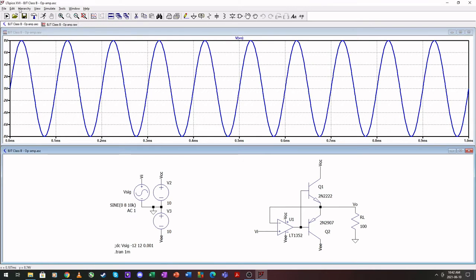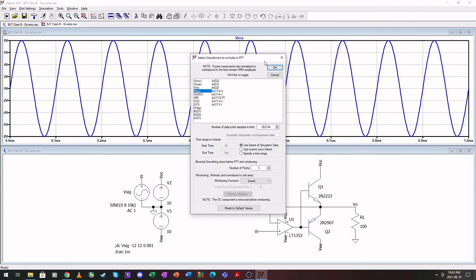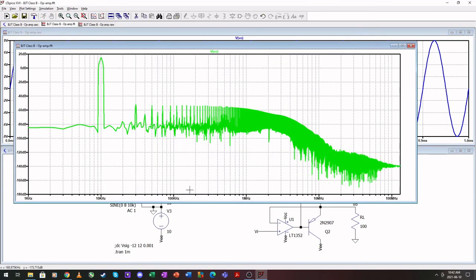So if we do a FFT on the output, need to select that first. There is still harmonics, but there is much less of them and they are more suppressed than in the class B without this feedback right here.